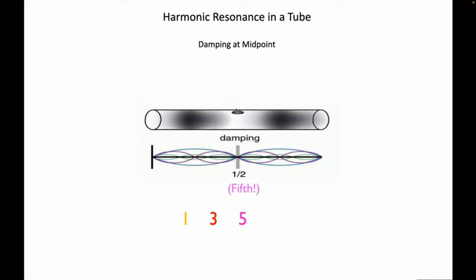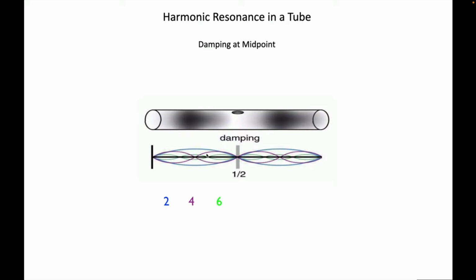And when you open a hole right here, all those harmonics are damped because the hole short circuits the air pressure here and allows contact with the outside air. So this leaves, in this case, only the second harmonic in blue and the fourth harmonic in purple and the sixth harmonic. These are indeed the even harmonics.